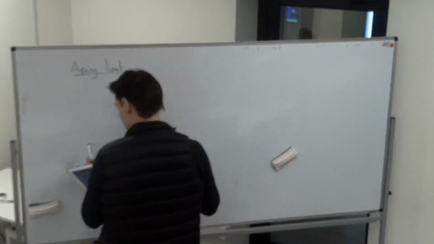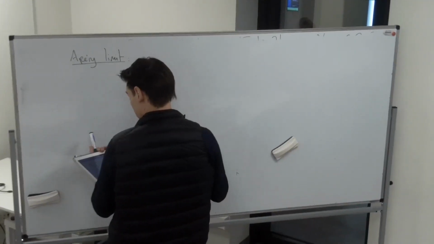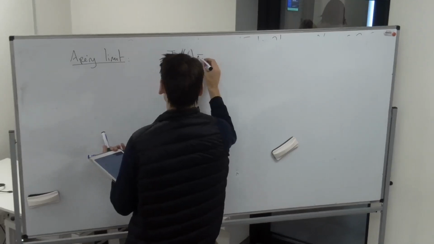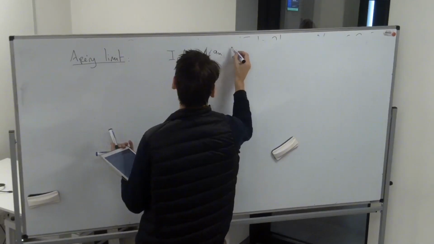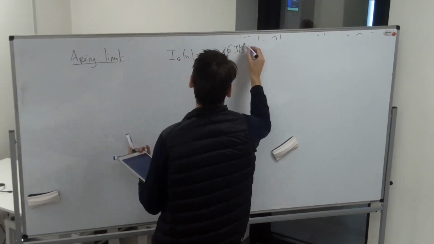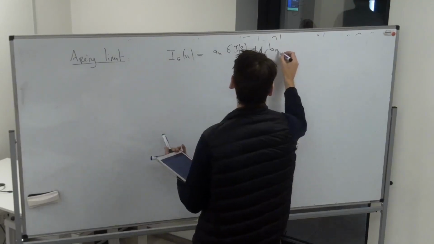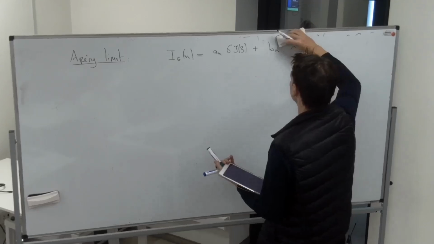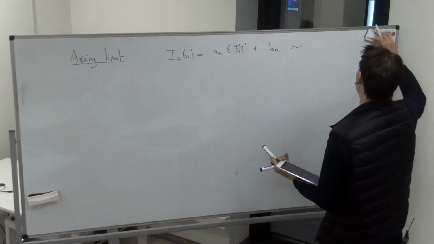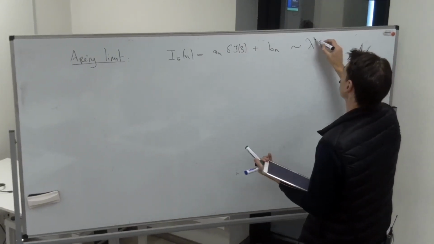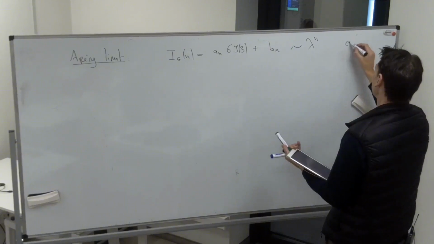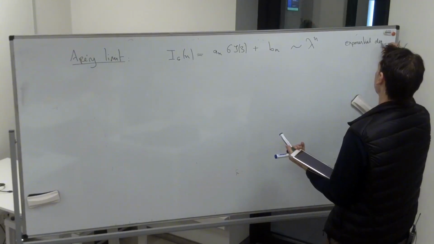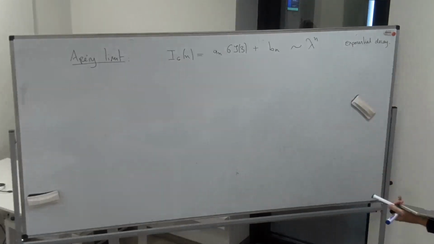So what you see is we know that Ig of n equals an 6 zeta of 3 plus bn, and this is asymptotically lambda to the n for some small lambda. It's exponential decay, like we saw in the first lecture.